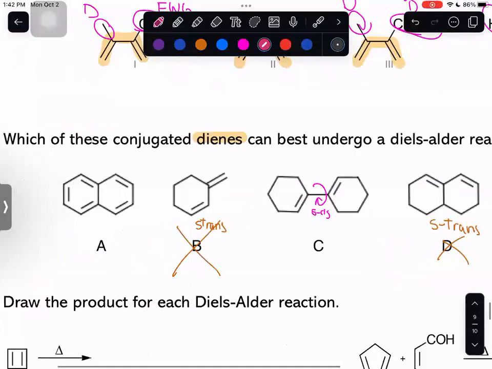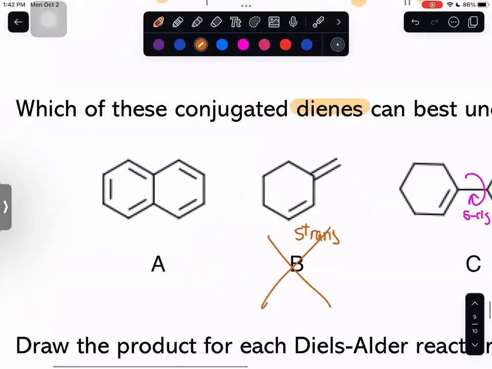Now, let's look at molecule A, for example. Molecule A, okay. So that one, what kind of conformation is that? S-cis, s-trans. Technically, yes, you're correct on that part. So yeah, s-trans is right here, and you got two of them.